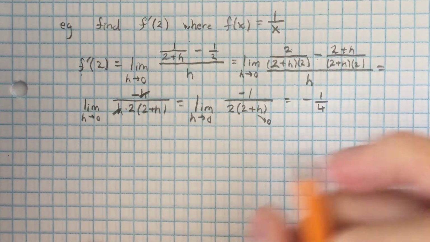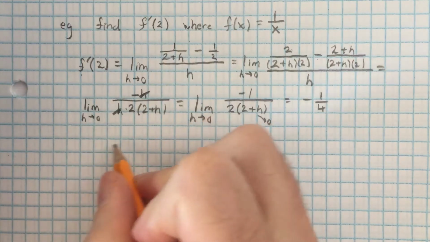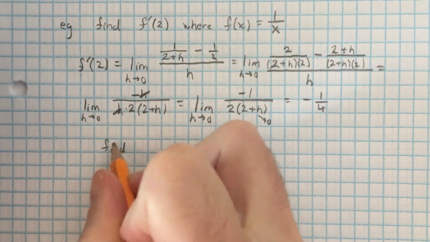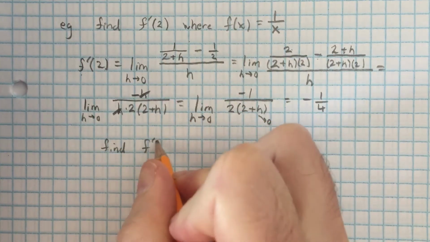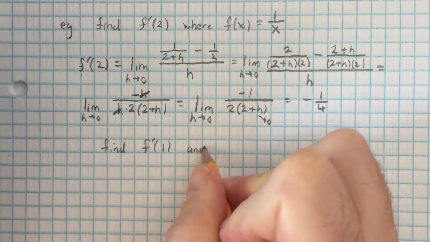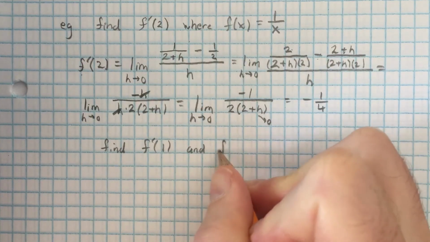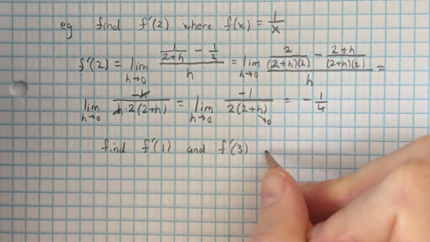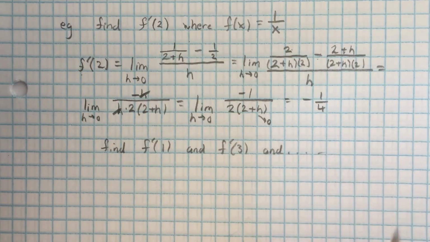So now if I was asked again to find f prime at 1, and by the way, find f prime at 3, and maybe, who knows how many times I do this, I need to find a bunch of different slopes for this curve at different locations.